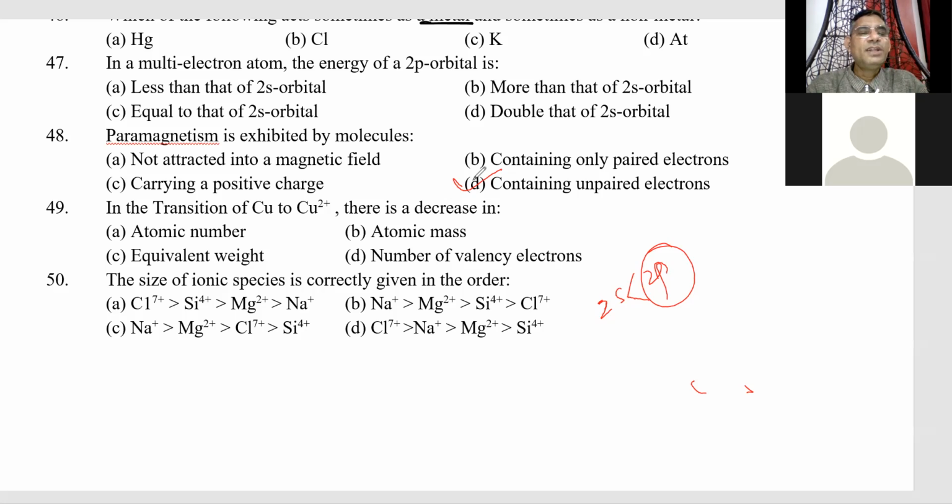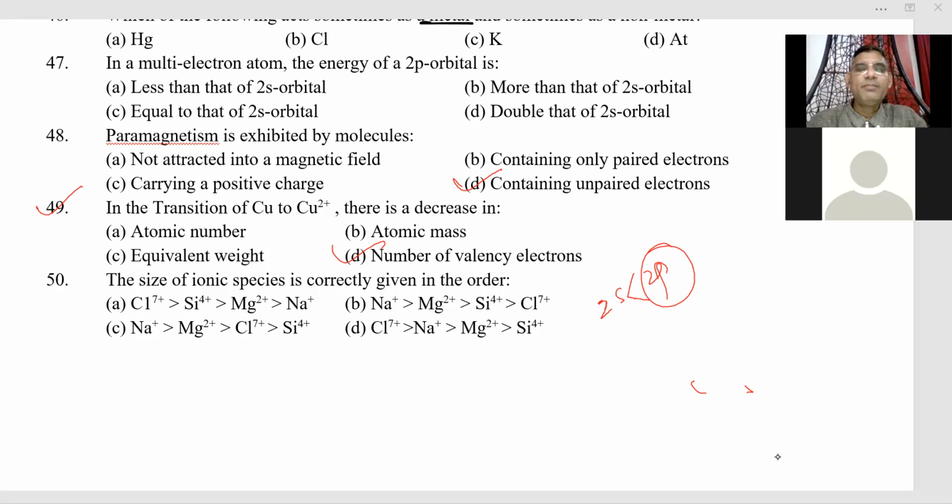Neither atomic number, nor atomic mass, nor equivalent weight, none of them will get changed. Just the valence electrons will get changed. Very good. What is the last one? The size of ionic species is electron. Here I'll tell you one point on how to do it.